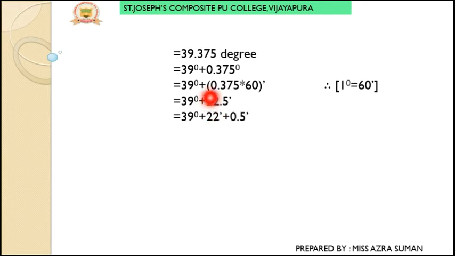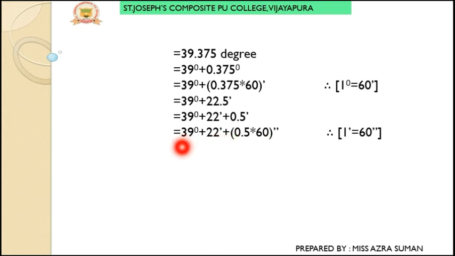Again, this 22.5 minute can be written as 22 minutes plus 0.5 minutes. Again, convert this 0.5 minutes in the form of seconds. We know that 1 minute is equal to 60 seconds. Then the value for 0.5 minutes is equal to 0.5 into 60 seconds.